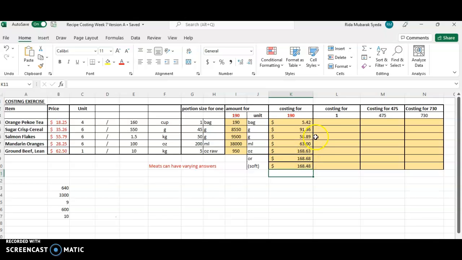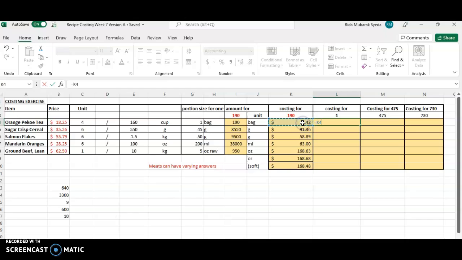Moving on to the next step, we are asked to find the costing for one. So to do that, we just simply need to take the price and divide it by the number of residents that we had, and we'll get the price.